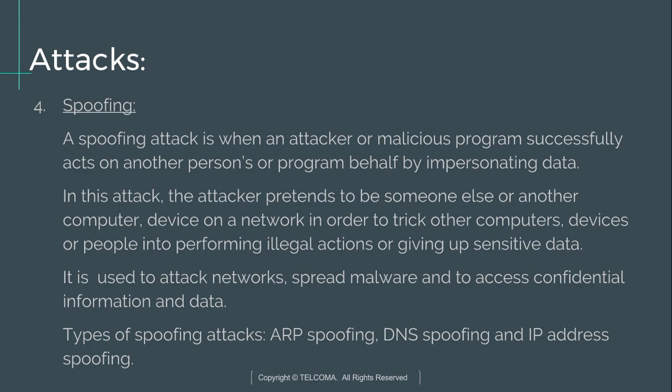DNS spoofing is also known as DNS cache poisoning, and it is a form of computer hacking in which corrupt domain name system data is introduced into the DNS resolver cache and causes the name server to return an incorrect IP address. This results in diverting traffic over to the attacker's computer, and it tracks all of the traffic and data coming to it. The next is IP address spoofing.